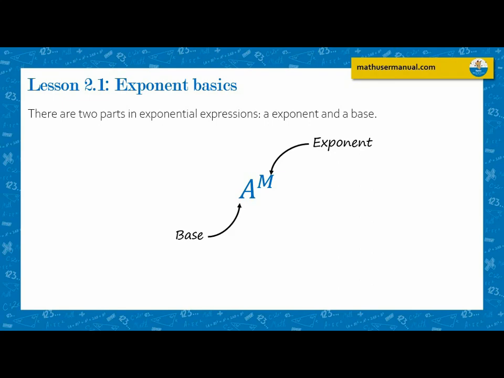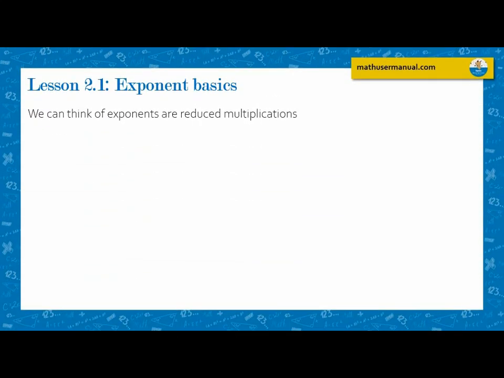But now that we know what the base and the exponent are, let's learn a little bit more about this very useful tool that we have in math. We can think of exponents as a reduced multiplication. Look at this multiplication: 2 times 2 times 2 times 2 times 2 times 2 times 2.